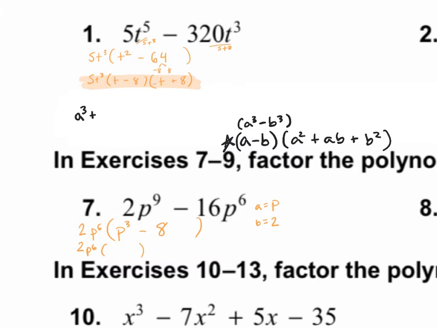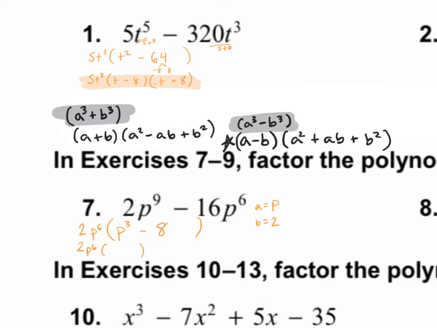When you have a cubed plus b cubed, that formula is a plus b times a squared minus ab plus b squared. So these are your two different formulas: one for adding cubes, one for subtracting cubes. Here, we're subtracting cubes, so we're plugging it into this one.